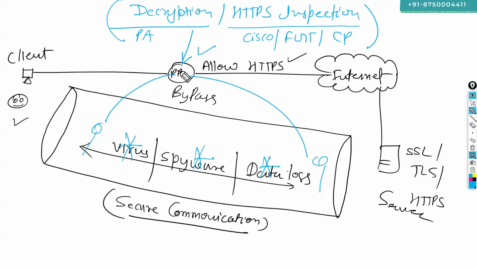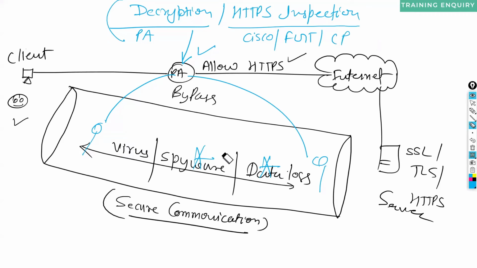When we enable decryption or HTTPS inspection on our firewall, then the firewall can see under your SSL tunnel, and if the firewall sees any virus, spyware and data loss, we can drop that, we can block that. But this blocking will be done with the help of security profiles, not by decryption. What will decryption allow us?